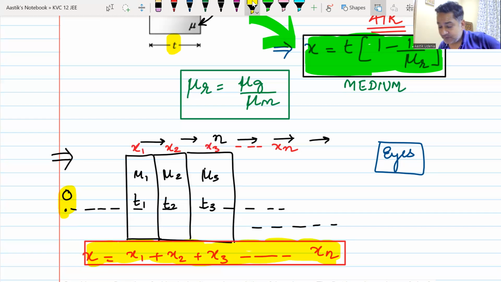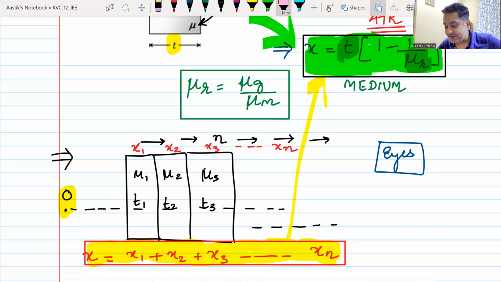And how will you find out the value of x1? You just put in this equation, instead of x, you put x1. In place of t, you put t1. Instead of mu, you put mu1. And that is how you end up finding out the total shift.